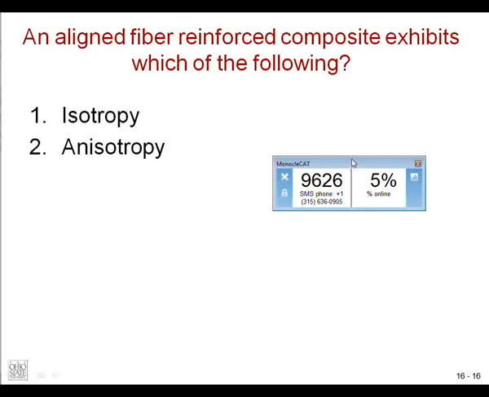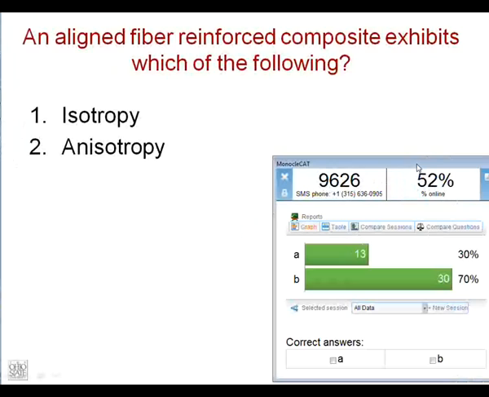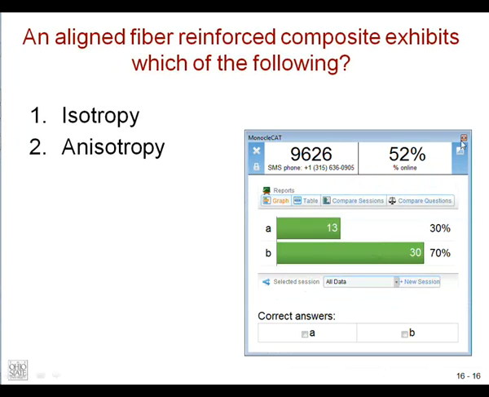They're fibers. Okay, right, anisotropy.